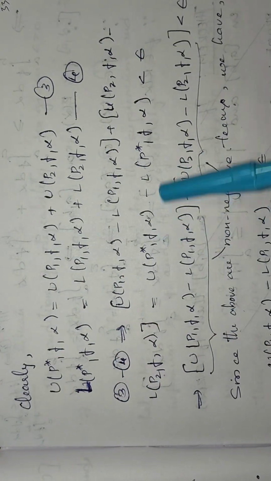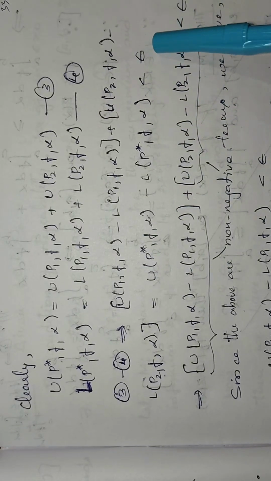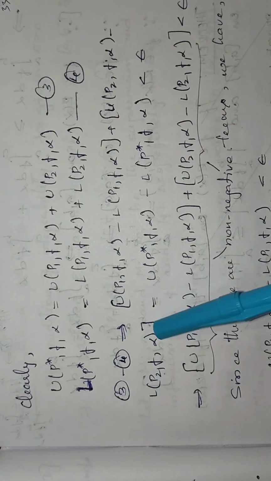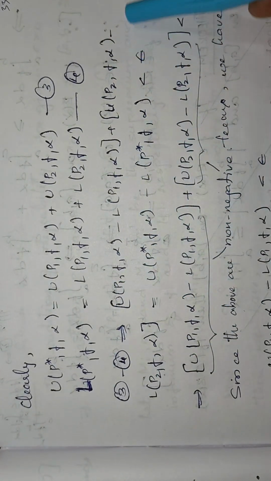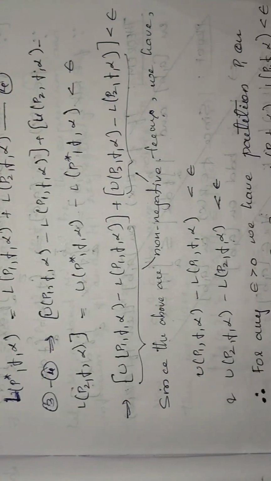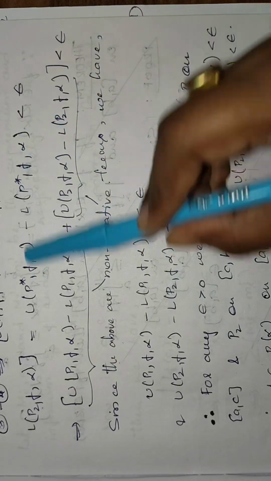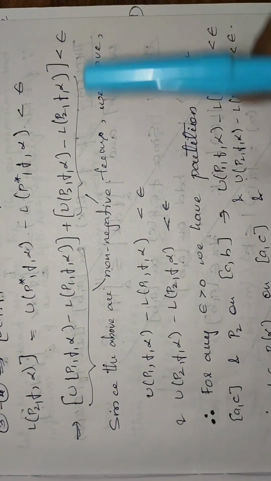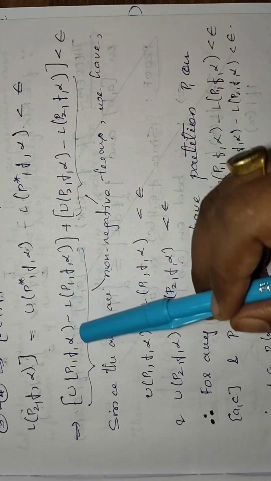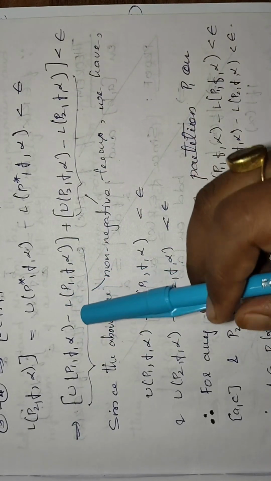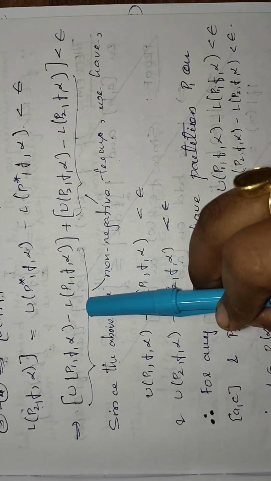From equation 2, the right-hand side is less than epsilon, so obviously the left-hand side will also be less than epsilon. We know that these two are non-negative terms. Why? Because the difference here is always greater than or equal to 0, but it is not less than 0.